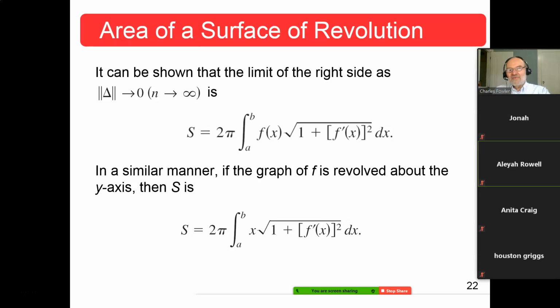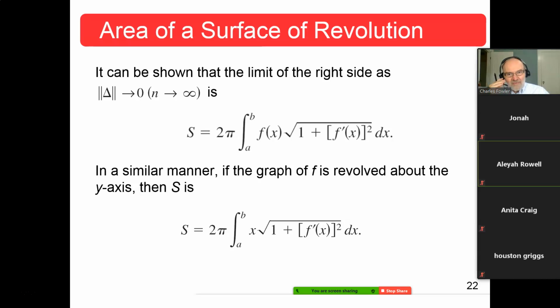Then as you take the limit as the norm of your partition approaches 0, meaning n goes to infinity, the total surface area is 2 pi out front, that's your radius, 2 pi r, times your arc length going from a to b. It's pretty simple and straightforward: 2 pi times your radius times the arc length being circled like that.